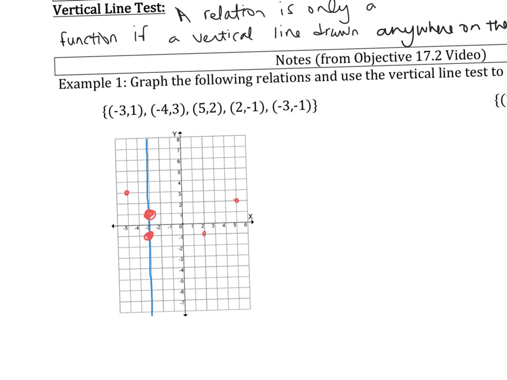The reason is that the vertical line through -3 represents an input of -3. Two different points on that vertical line means it has two different outputs, which means this is not a function.